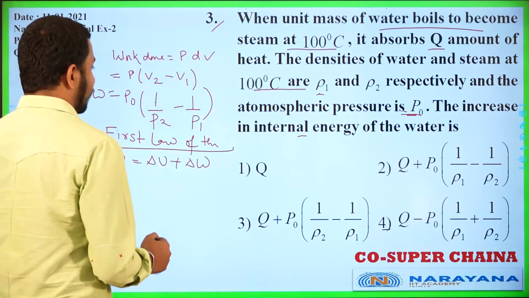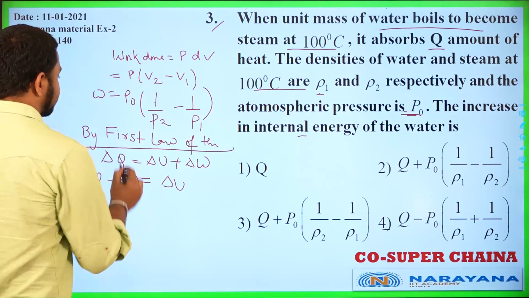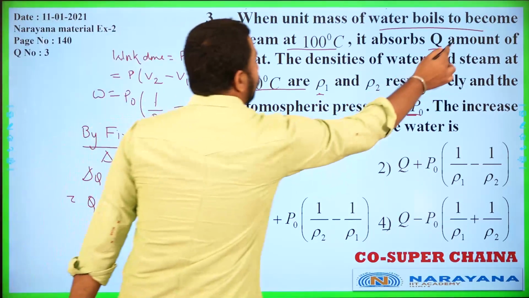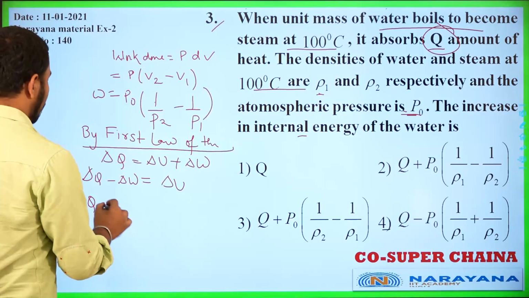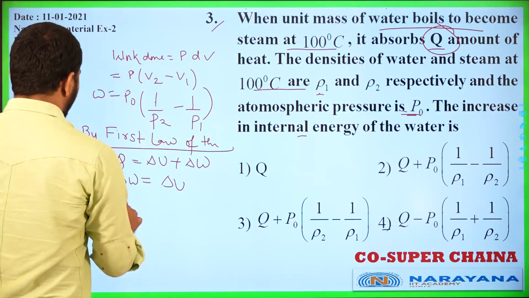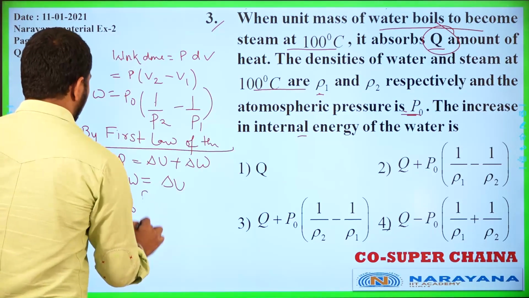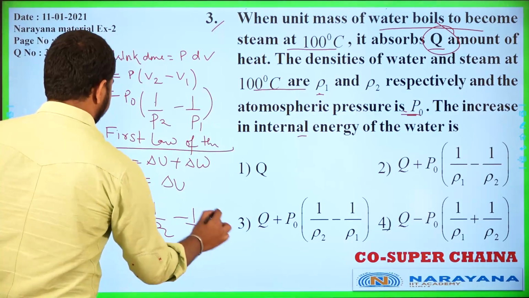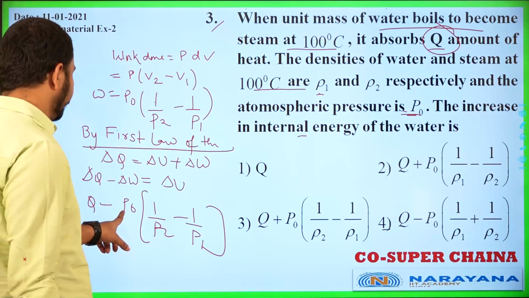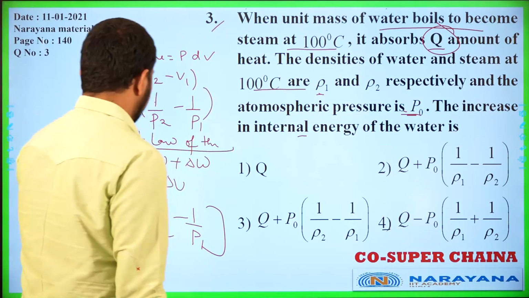So we can write delta U will be equals to delta Q minus delta W. So Q amount of heat is given, now minus of this value: minus P naught (1 by ρ2 minus 1 by ρ1). So minus of minus, it will become plus.